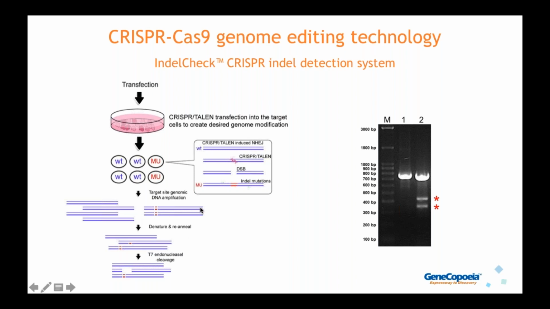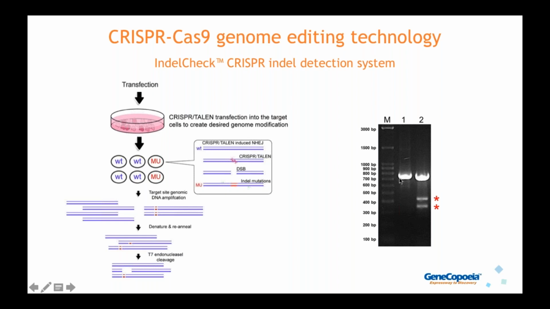That reannealing will lead to the formation of heteroduplex DNA, so that can be either one strand wild type and one strand mutant, or the two different strands will be mutant, but they'll have a different mutation. In both cases, the heteroduplex DNA will be digested or cut by this enzyme T7 endonuclease 1, which will lead to what's shown here on this gel on the right-hand side.